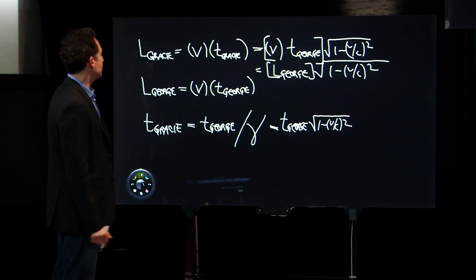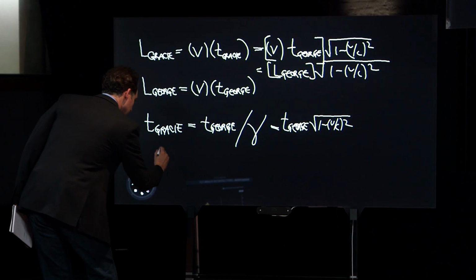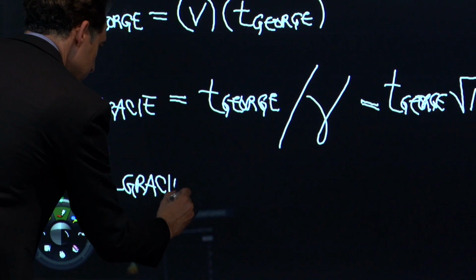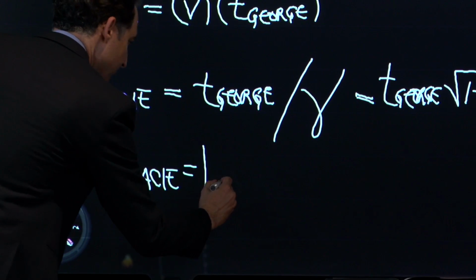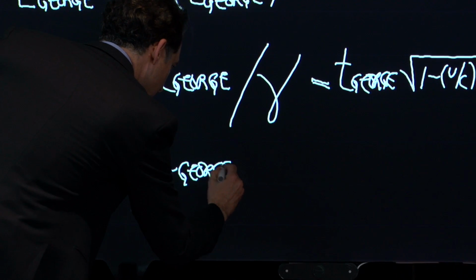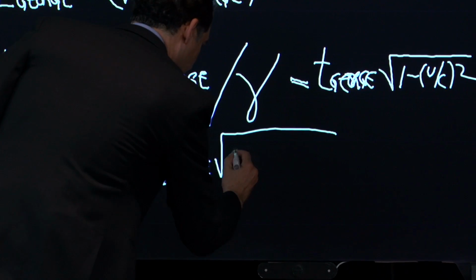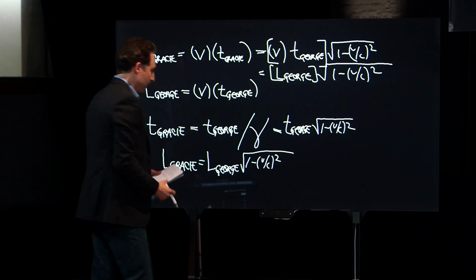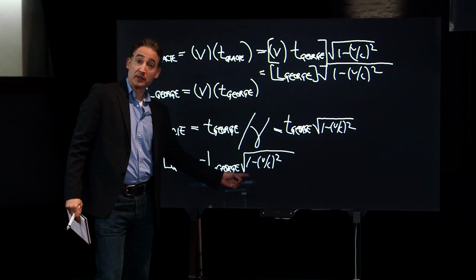Putting it all together, the length of the train according to Gracie is equal to the length of the train according to George times this factor of 1 over gamma, which is the square root of 1 minus v over c squared.